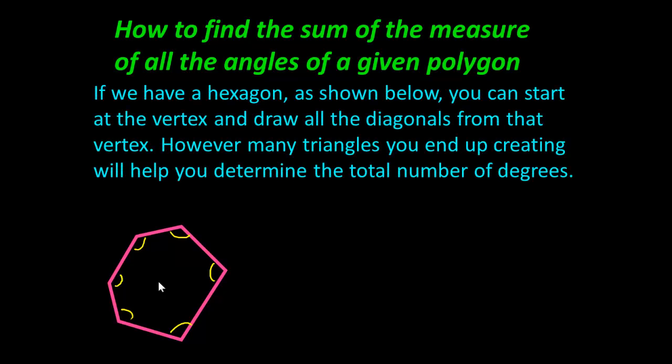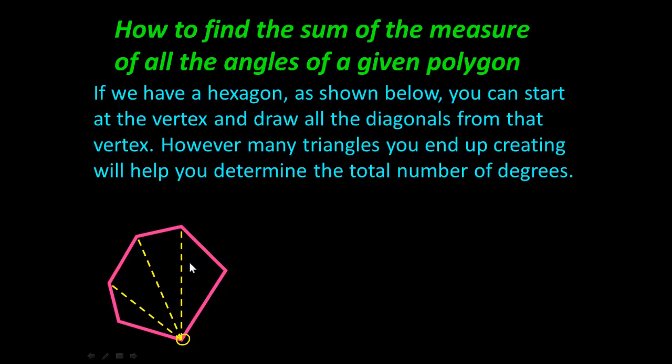Well, if we have a hexagon, like we have shown below, and I'm going to get rid of these marks here, we can start at a vertex and draw all the diagonals from that vertex, all the ones that we can. However many triangles you end up creating is going to help us determine the total number of degrees. So let's say I pick this vertex and I draw in my diagonals.